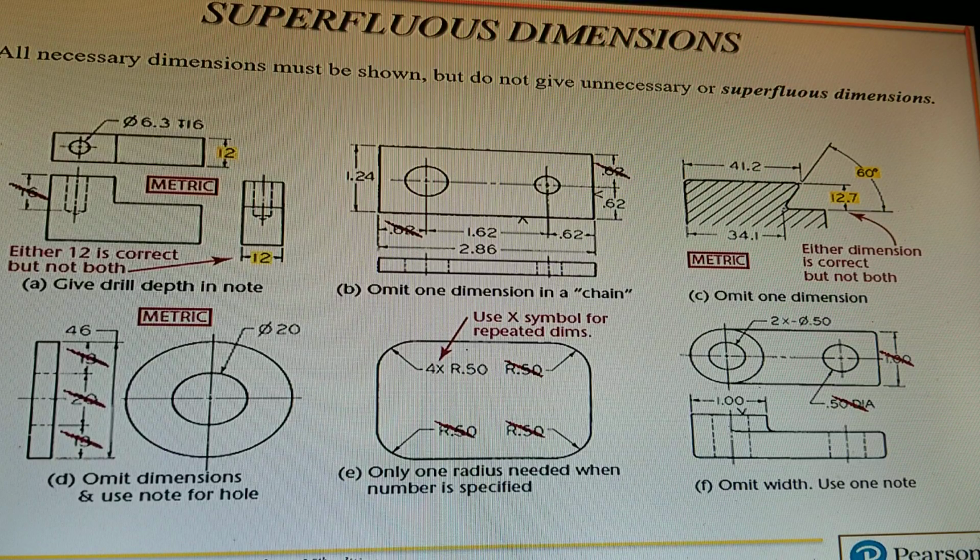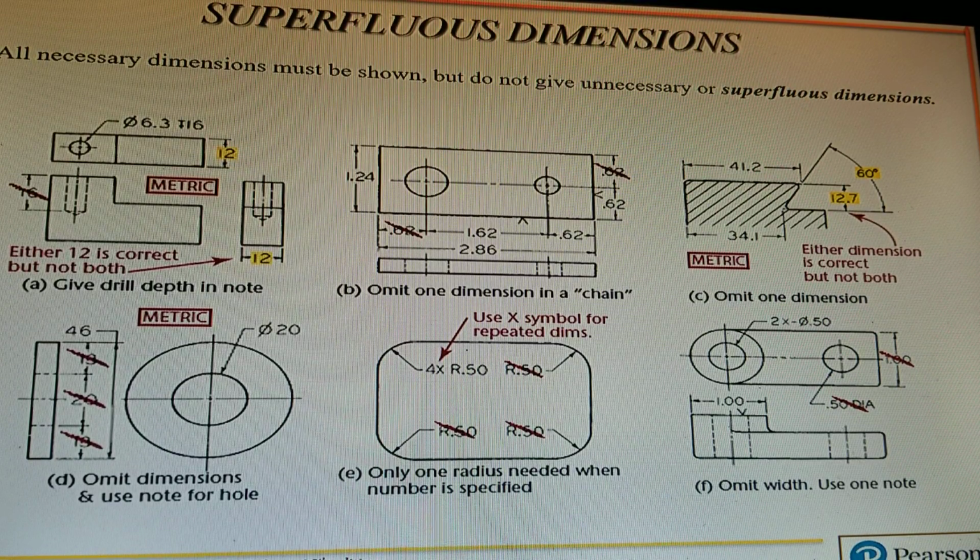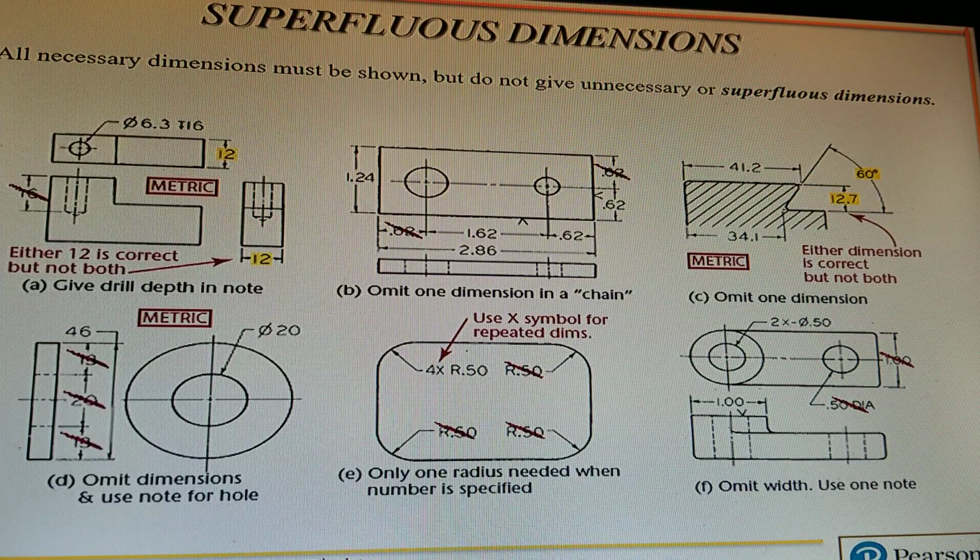In the middle there, B, you've got two dimensions. The one with the horizontal dimension, which is a 0.62. You already know the overall dimension, so if you take 0.62 on the right there, and then 1.62 in the middle, you leave that 0.62 on the left out.